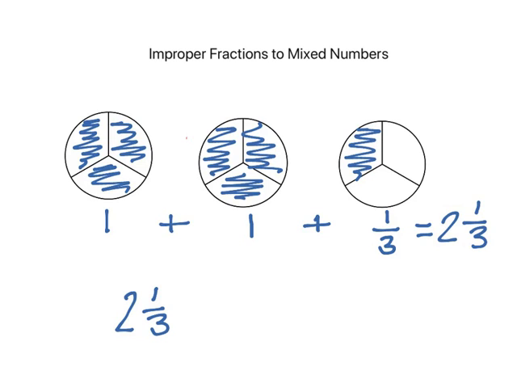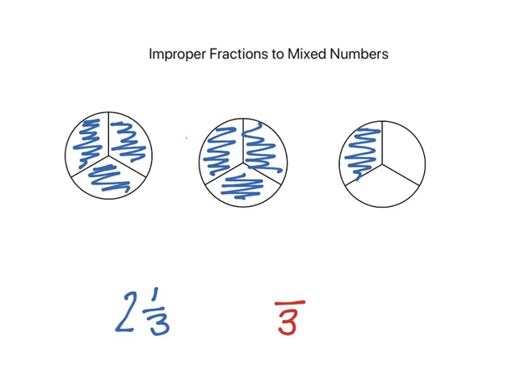We can represent it a different way. Each pie is separated into 3 different pieces, so 3 will be our denominator, and then we count the total number of pieces that are filled in. So 1, 2, 3, 4, 5, 6, 7 pieces are filled in. I can write that as an improper fraction, 7 over 3, or 7/3.